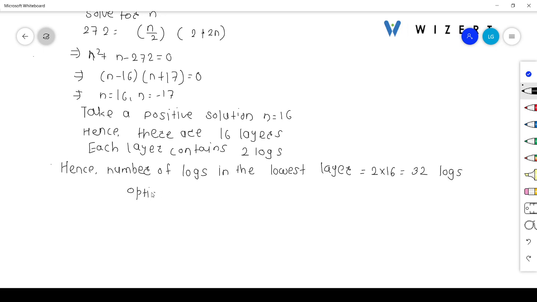Hence our correct option is option C, which is 32 logs.